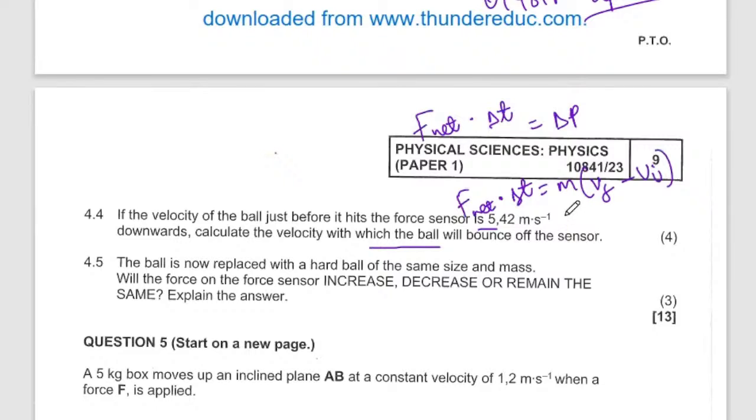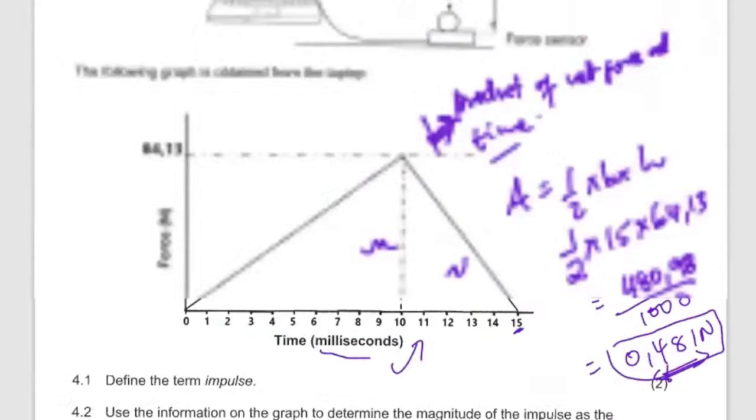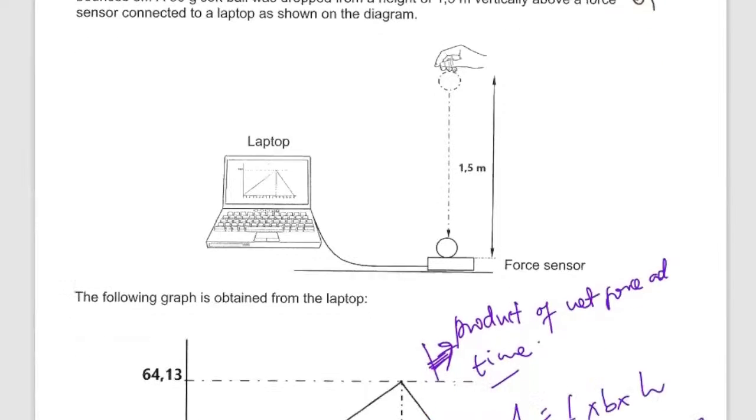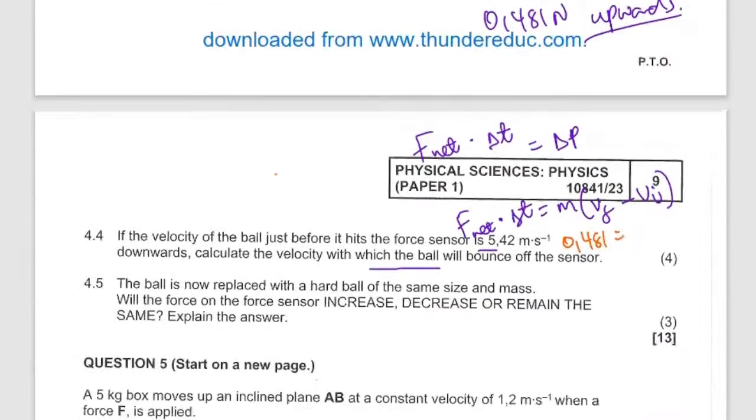So 0.481 is equal to the mass, which is 50 grams. So convert the grams to kilograms. That's going to be 0.05 kilograms, dividing by 1,000.